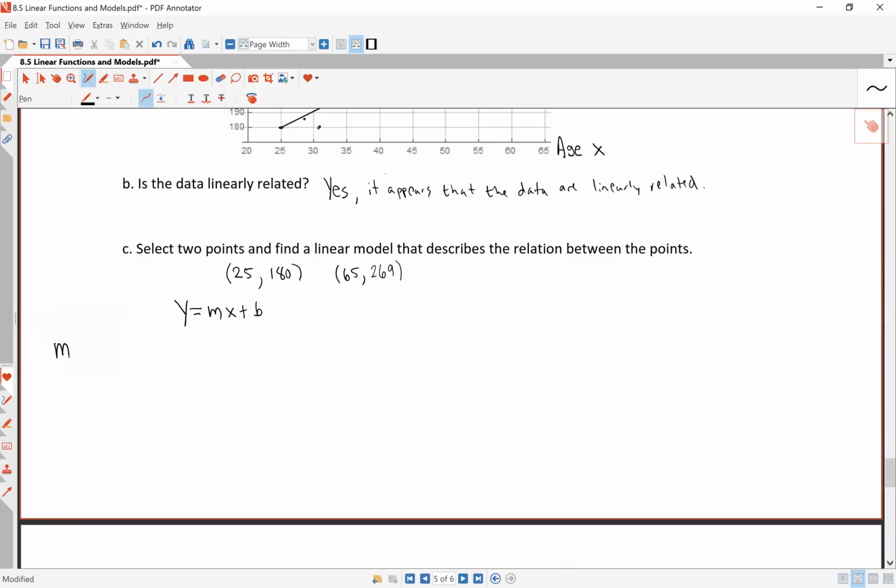So we start off with our slope, y2 minus y1, that changes in 89 over a span of 25 to 65, or 65 minus 25, or 40 years. So according to these 2 points, cholesterol goes up by 89 milligrams per deciliter in 40 years.